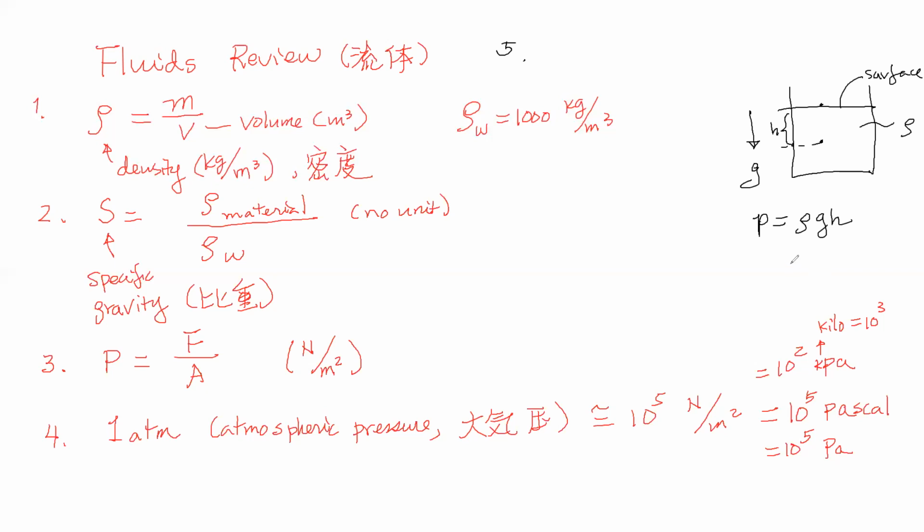So rho g h, and again, this unit here is kg per meter cube. And I'm going to do a little bit of the units right here. So this is meter per second square, and this is meter, right? You can see you can cancel them out. So if you do this, then we only have meter left. And now you have kg.